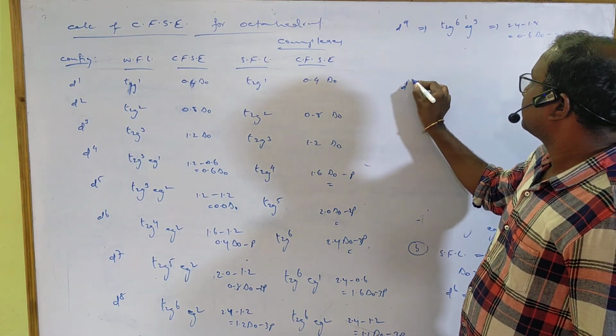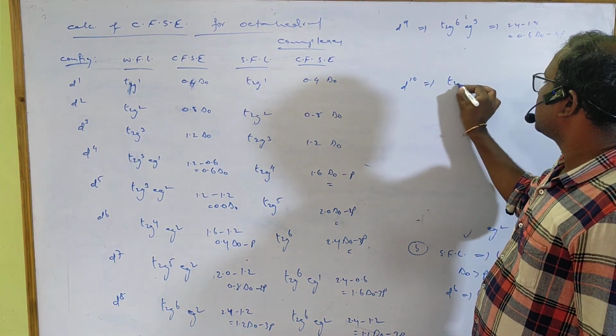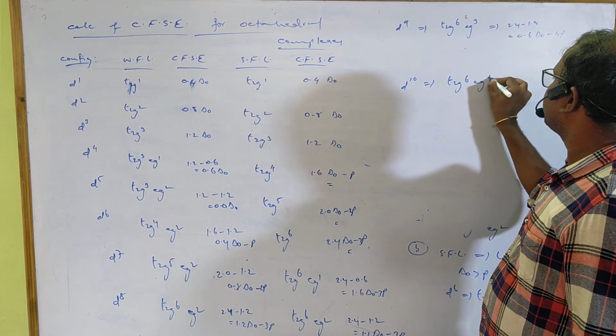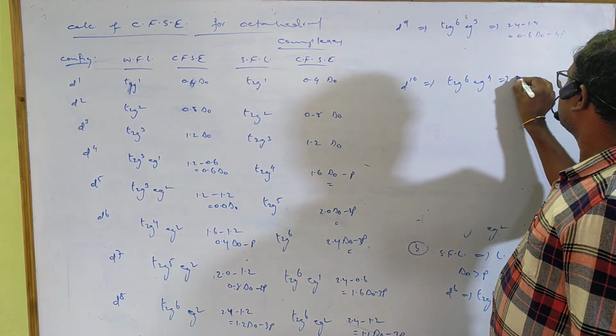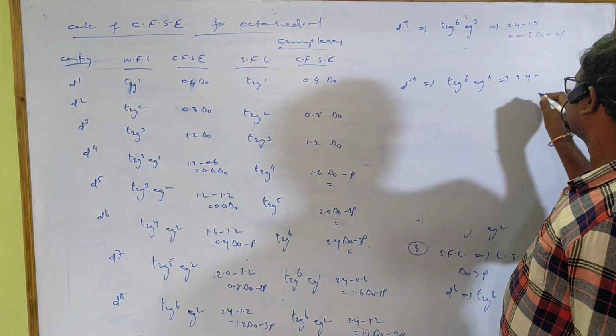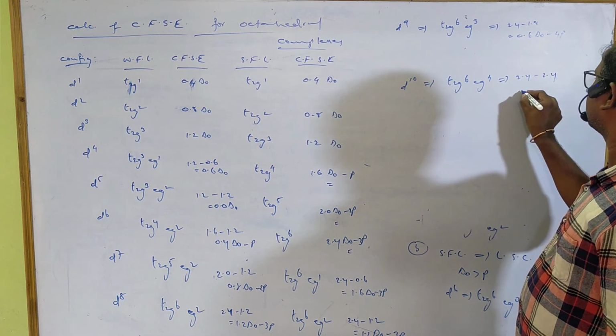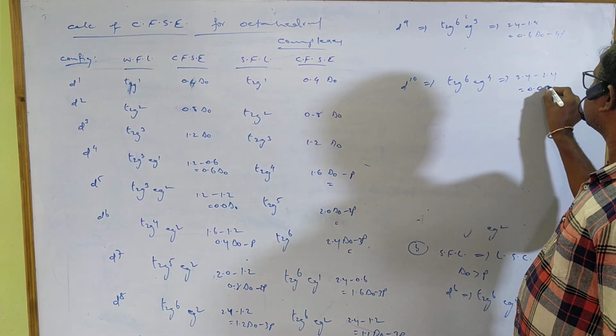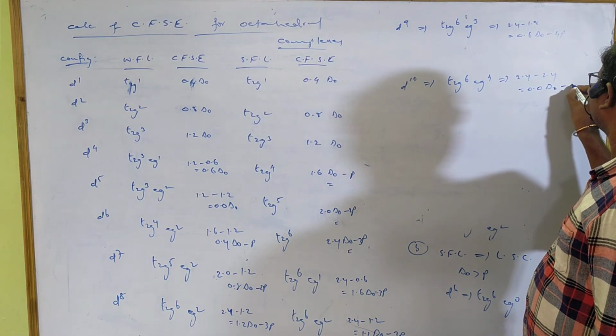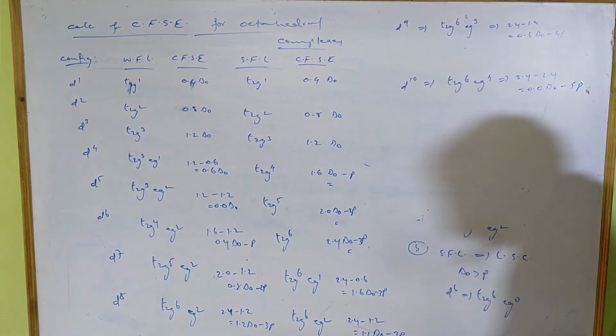And for d10, t2g6 eg4, 2.4 minus 2.4 equals 0.0 delta O minus 5P. Pairing takes place.